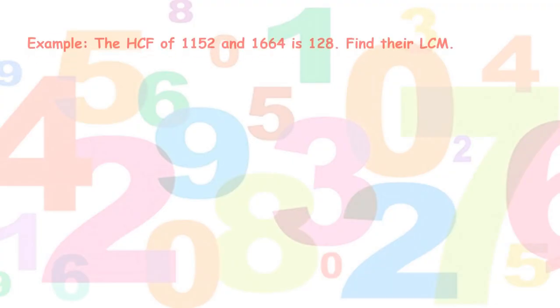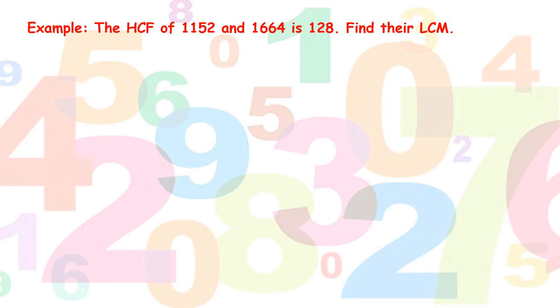The first example is: the HCF of 1152 and 1664 is 128. Find their LCM. So students, we already know that the product of HCF and LCM is equal to the product of the two numbers.